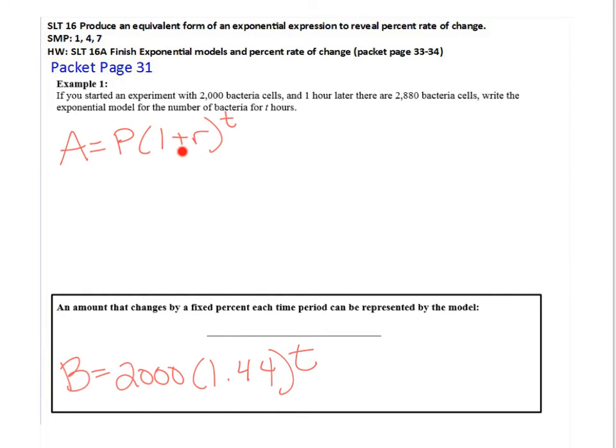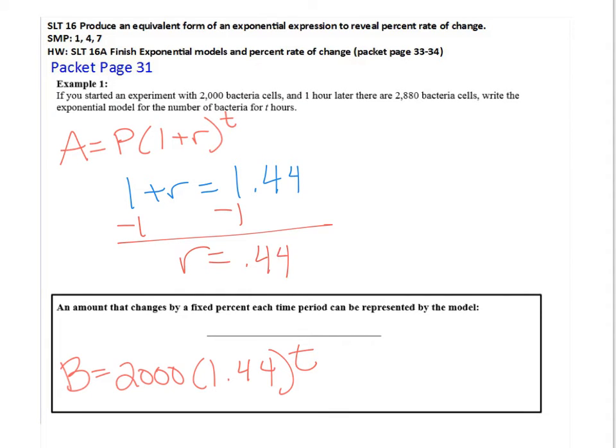So then this is 1 plus the percent rate as a decimal. So if I take the 1 plus the percent rate and set it equal to the 1.44, I can solve for my percent. So that is 44% as a rate that is increasing per hour.